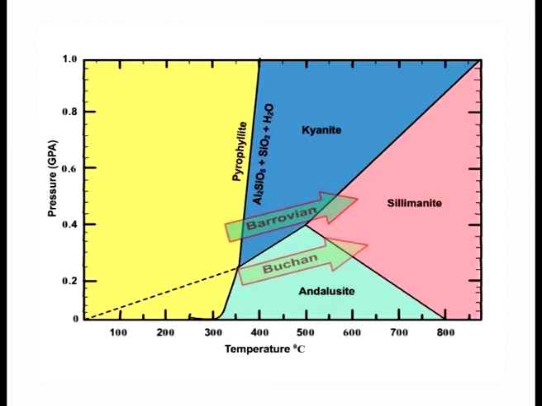PT condition is always important to decipher the metamorphic facies as well as the grade of metamorphism. Particularly in thermal metamorphism, usually the temperature is higher and pressure is always less than 4 kilobar.